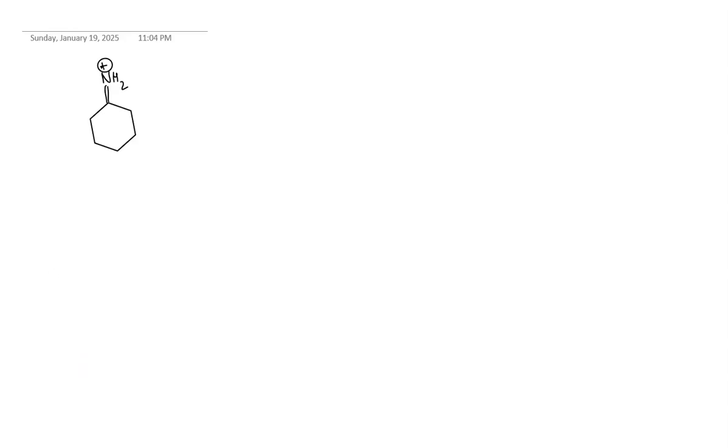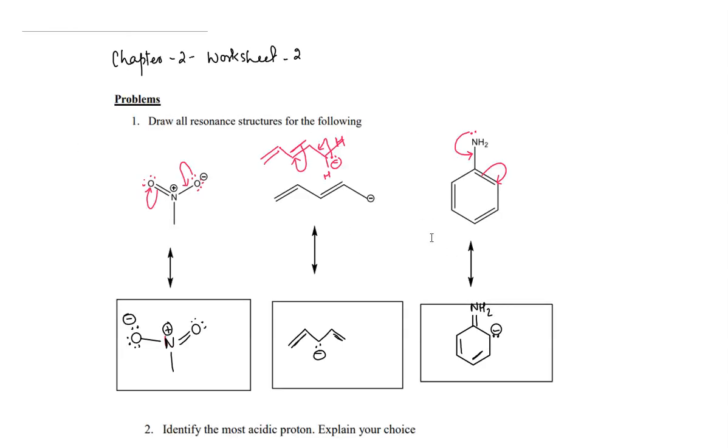Actually, we have to go back to that page because we forgot to put a charge on the nitrogen atom, because in the beginning we had a neutral structure, so our resultant structure should also be neutral, because the resonance rules say that you cannot have formal charges created in the resonance structure if the original structure doesn't have charge, right? So this is a neutral structure, so if you have a positive and a negative, it balances, and therefore this will also be a neutral structure.